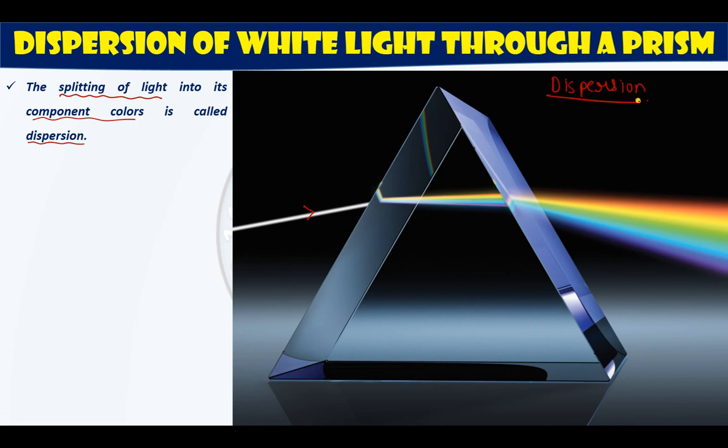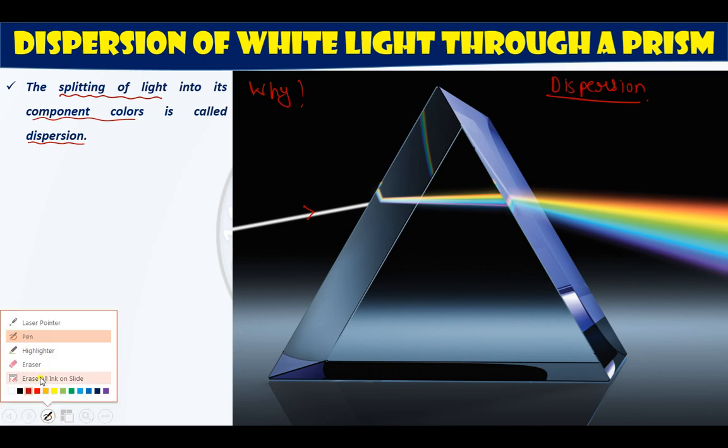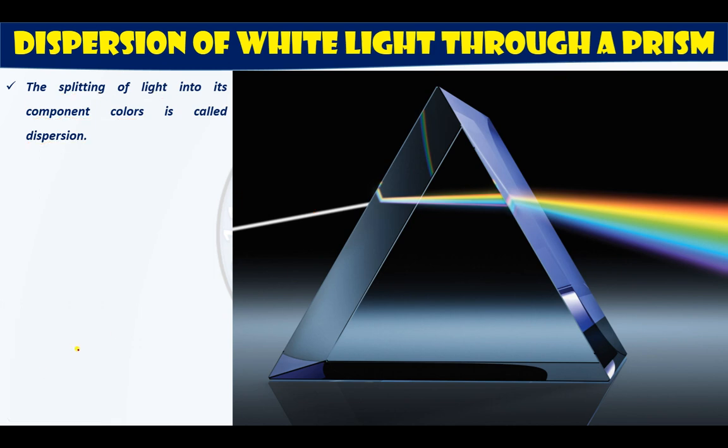Now see, in the textbook it is given what dispersion is, and it is very well explained. My question is why dispersion occurs. That is the main question, and we will have a highlight of it because it is not given in the textbook, but still I will give you a highlight.